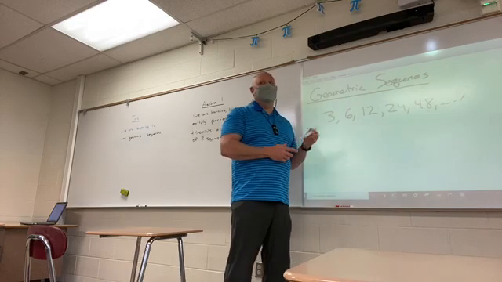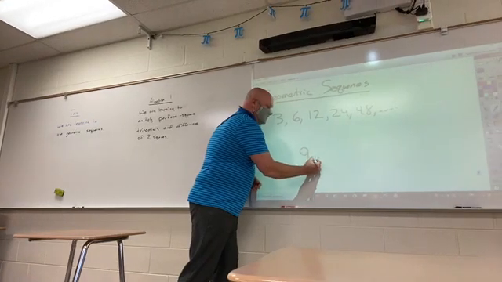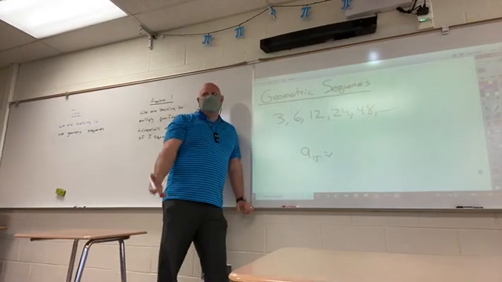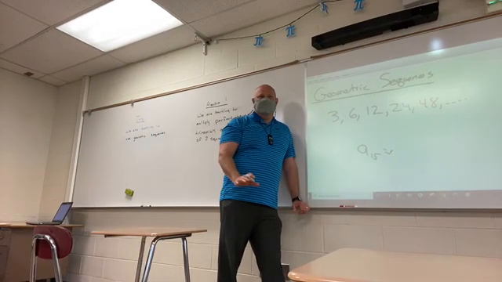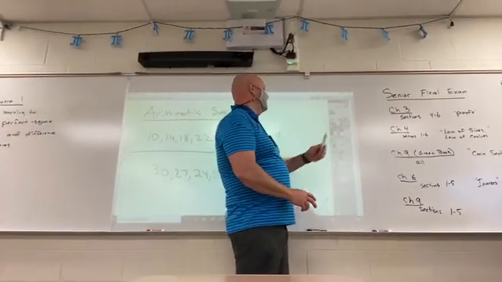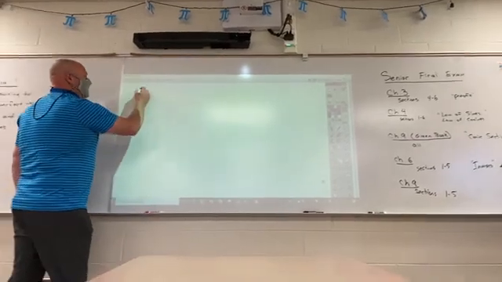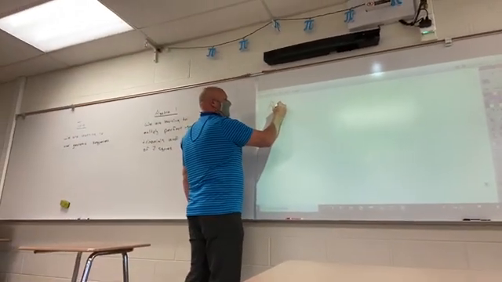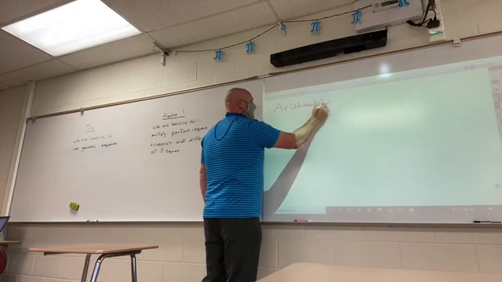Like in this pattern, if I asked you to find a sub 15, that's going to be a fairly large number, right? So we got to come up with our equations. So right now, the only formula we have is for arithmetic sequences.